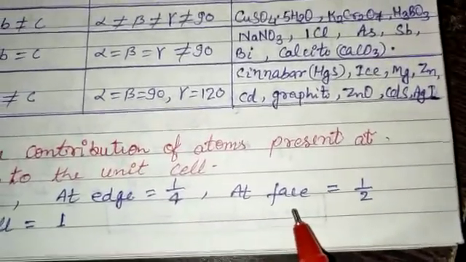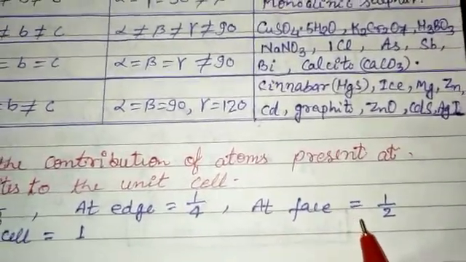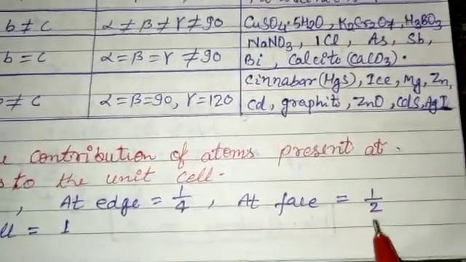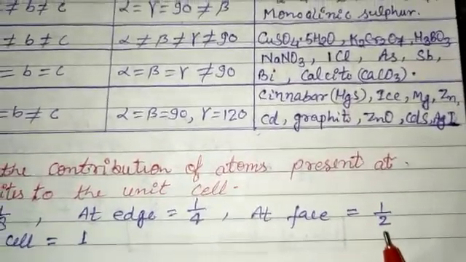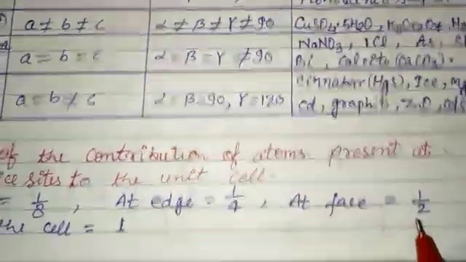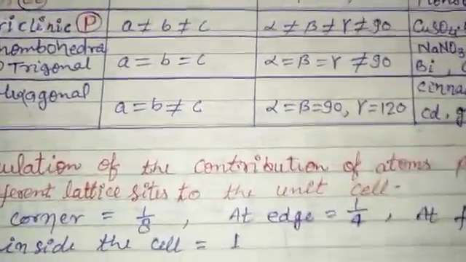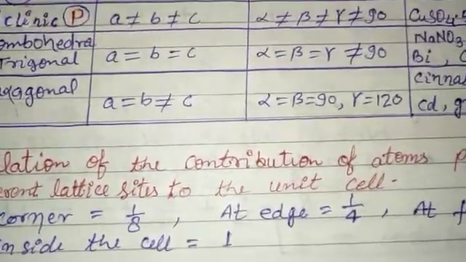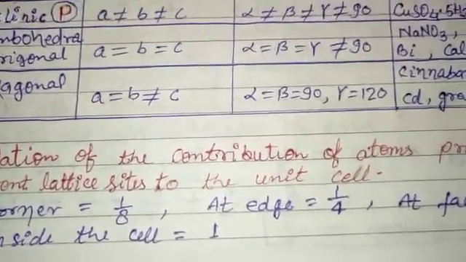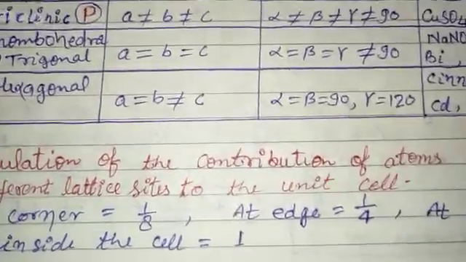The particle which is present at the face contributes half, 1 by 2, of its portion to a particular cell. And the particle which is present completely inside the cell contributes completely, 1, the whole portion to the unit cell.